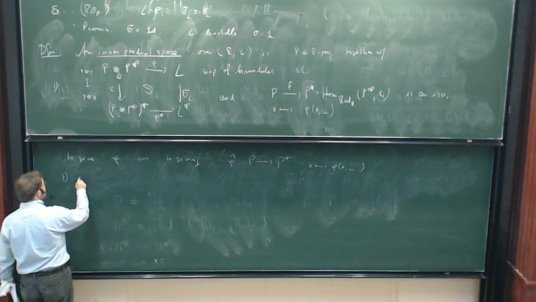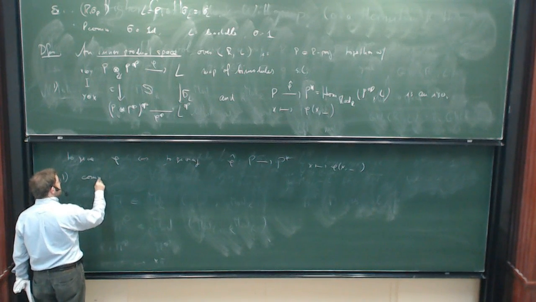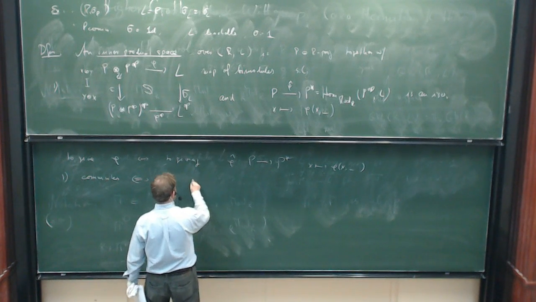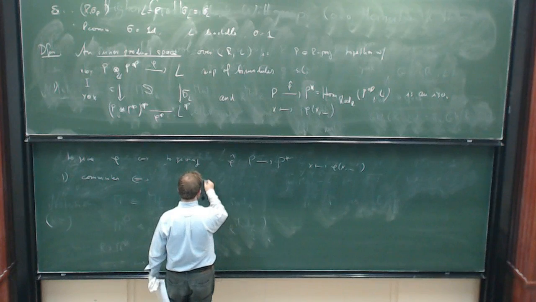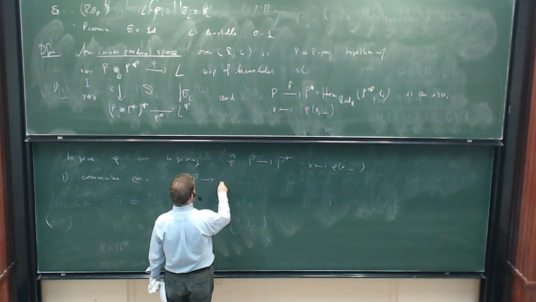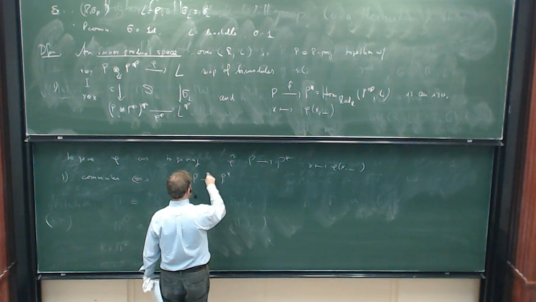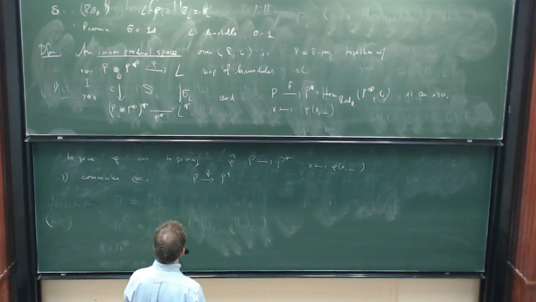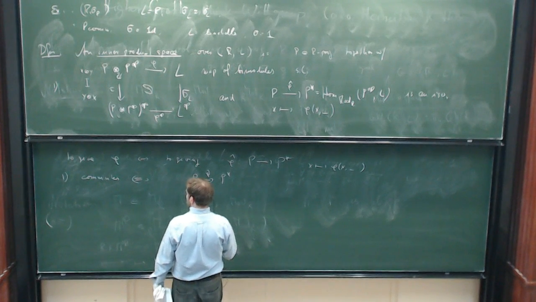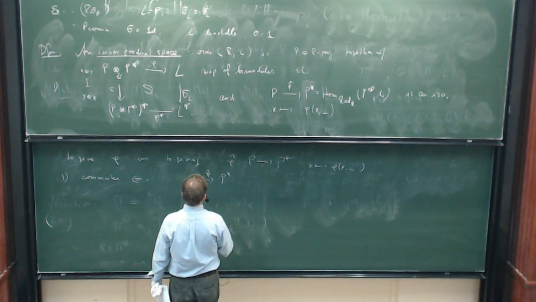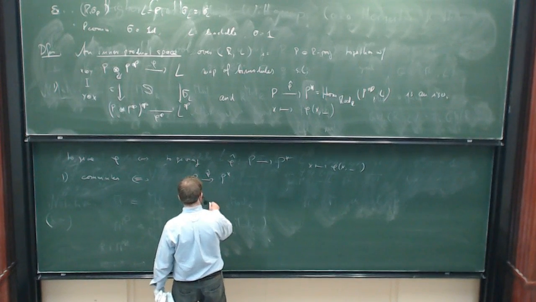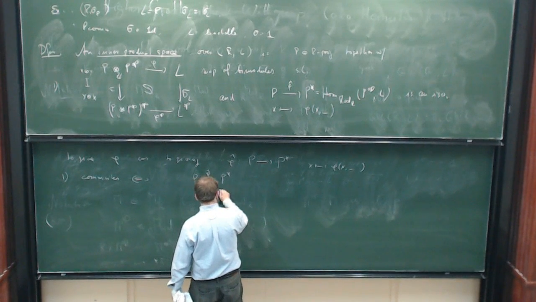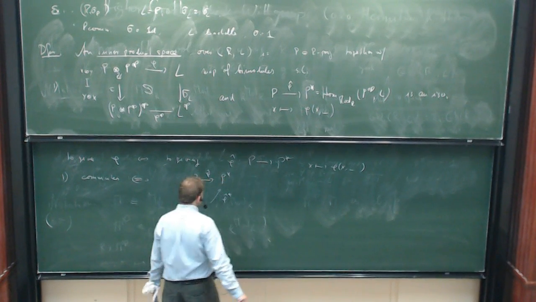And then one commutes if and only if the map phi hat, if I apply the delta to that, is the same.